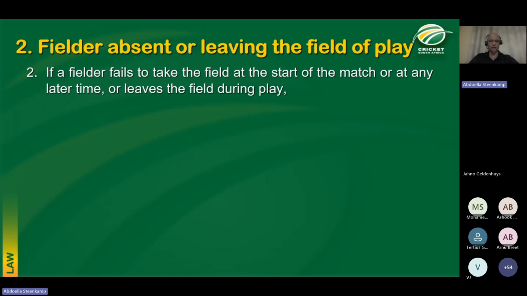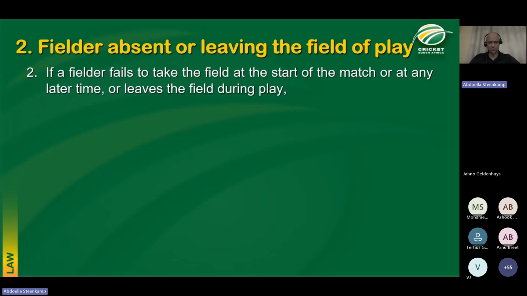How do we deal with it? Let's go through the law, and I'll bring in a bit of practicality as well. This happens in every single game. I can't remember when last I had a game where a fielder did not need to go off. For whatever reason, they always need to go off.